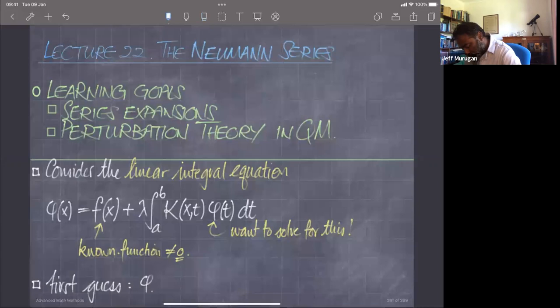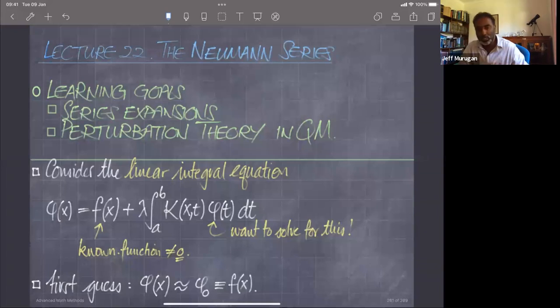is, and I'm going to call this thing phi naught for initial guess. And I'm going to say that phi of x is going to be approximately this phi naught, and I'm going to choose phi naught here to be f of x. Now, I want to be clear about something. This choice is not mandatory.